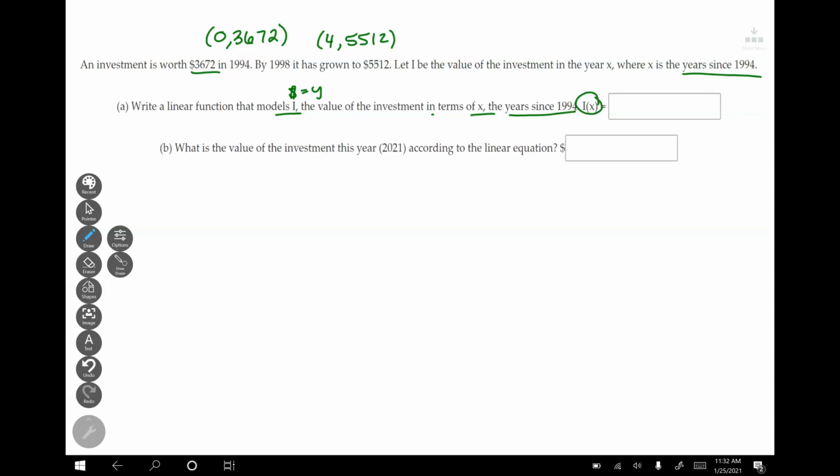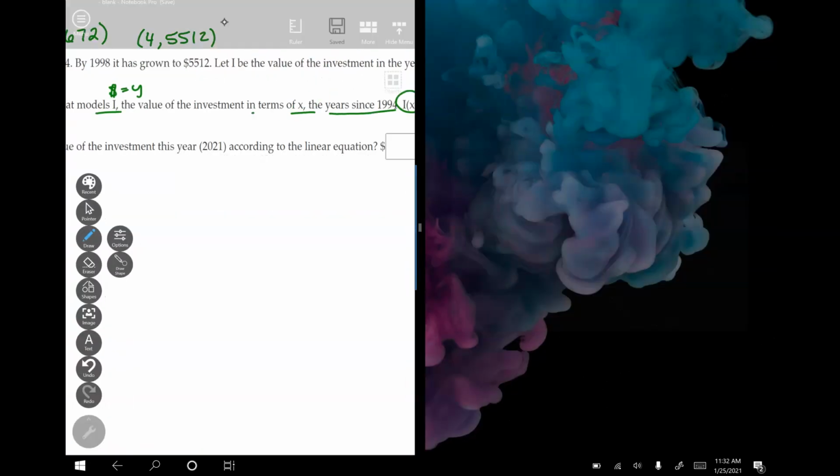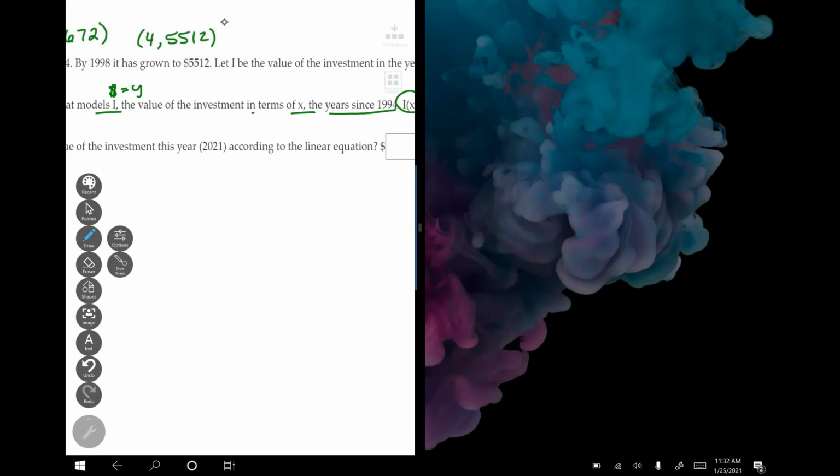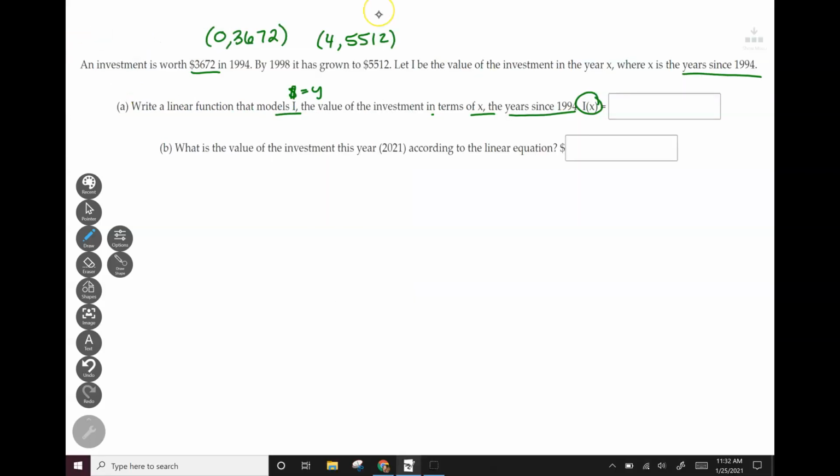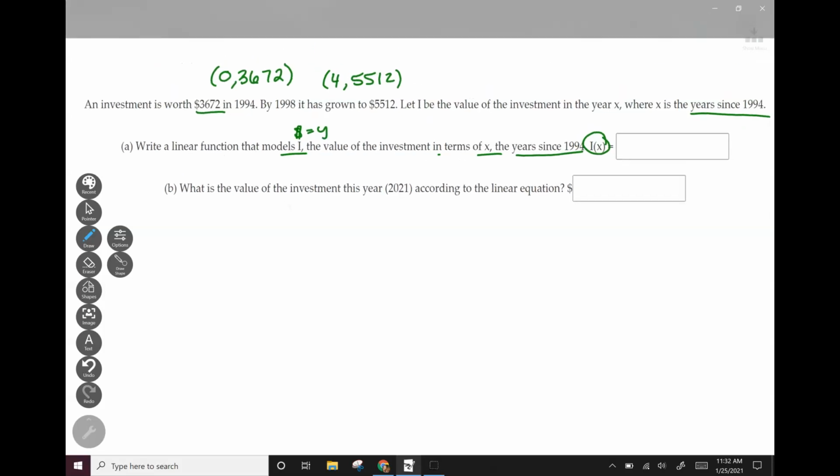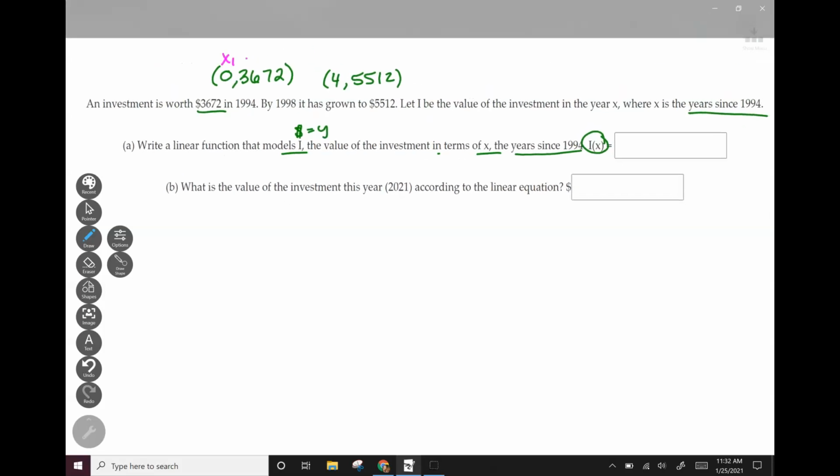Okay, so first to write a function, you're going to need the slope. So we'll do y2 minus y1. Let's make this go back to full screen. Okay, so let's let this guy be x1, y1, and this one x2, y2. So to find the slope, I'll do 5,512 minus 3,672 over 4 minus 0.